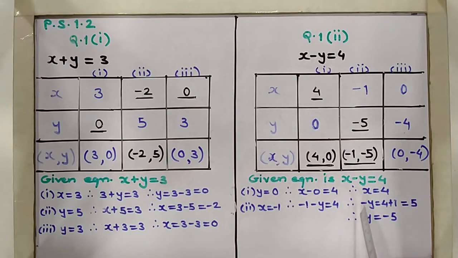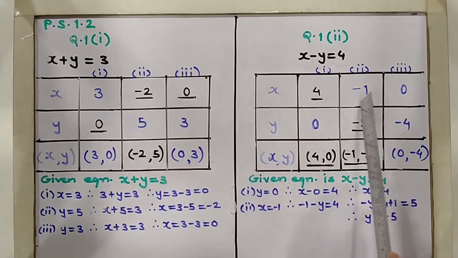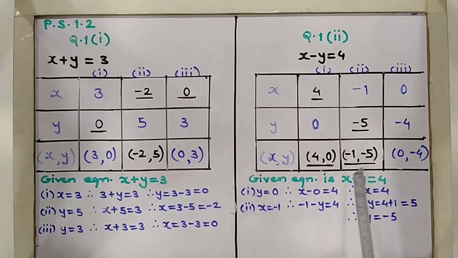So minus y is equal to 4 plus 1, which is equal to 5, which means y is equal to minus 5. So in this case x value is minus 1, y value is minus 5. So it means that the ordered pair is minus 1 comma minus 5.